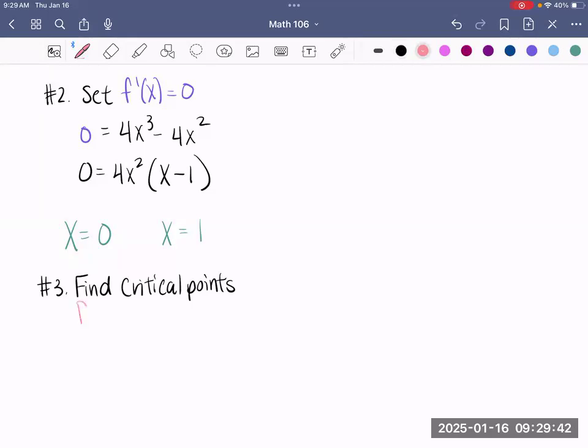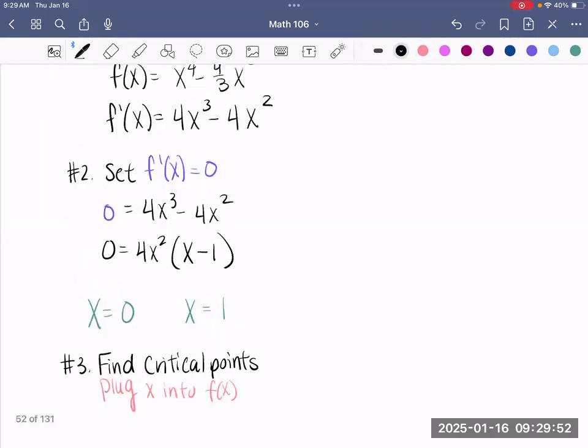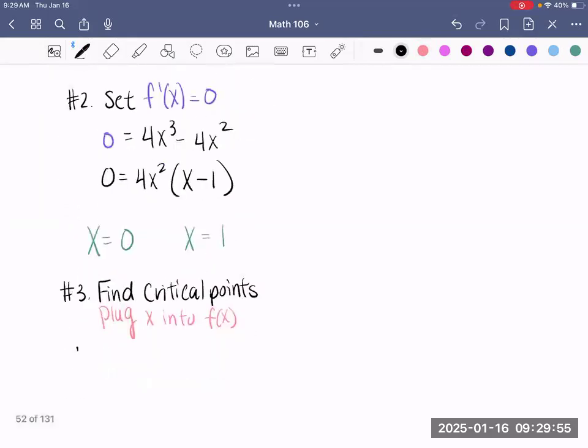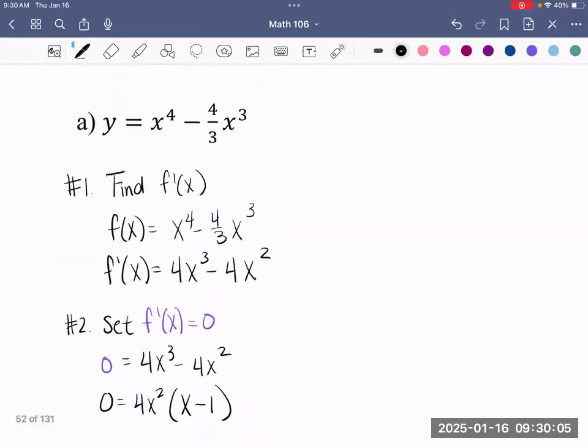Now let's go ahead and find your critical points, by plugging into the original equation. So if we had your original equation as x to the fourth minus 4/3 x cubed, I believe. Yep.